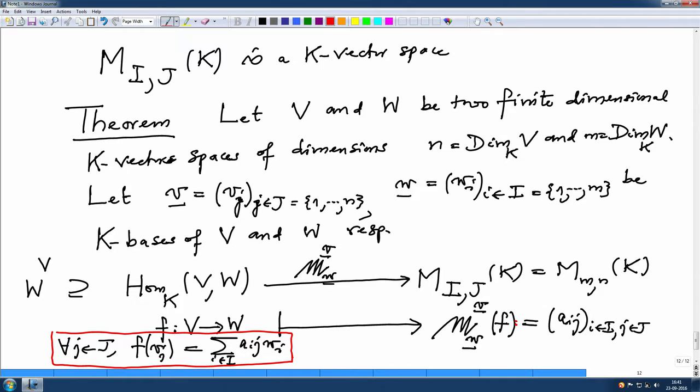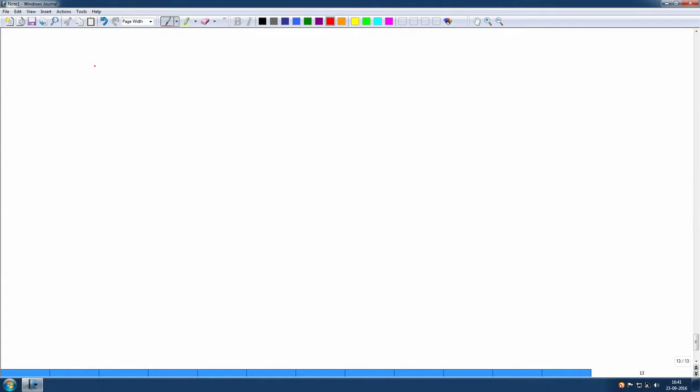So the first information we get about these matrices is that the dimension is m times n, and then we will worry about how to find a basis. Okay. So let us prove the statement first. Remember this map, M for matrix, depends on a basis of V and a basis of W, is k linear and bijective.